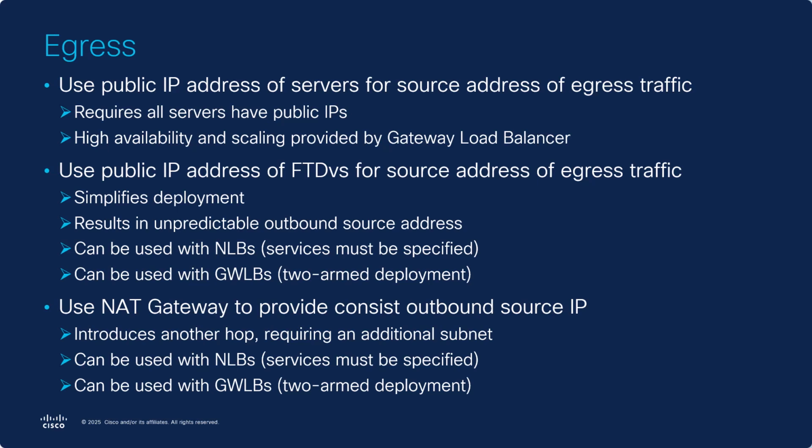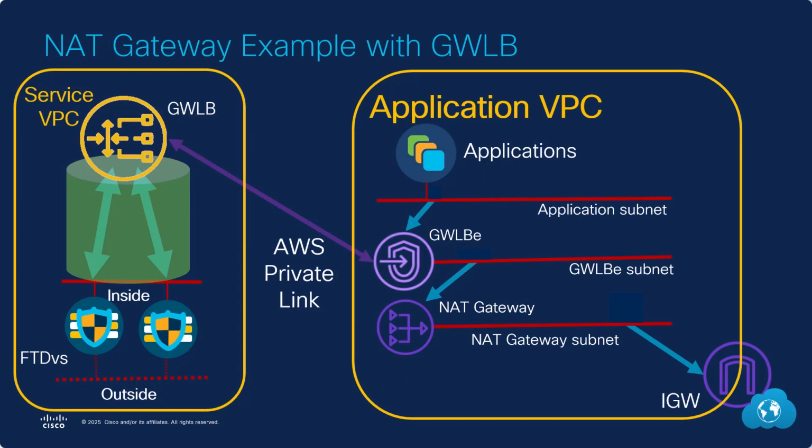Instead, you can have a NAT gateway. This provides a public IP to be utilized by multiple servers on private subnets. This can be integrated with network load balancers or with gateway load balancers. Since we did not discuss NAT gateways in the architecture or routing videos in this video series, we will provide details here for your reference.